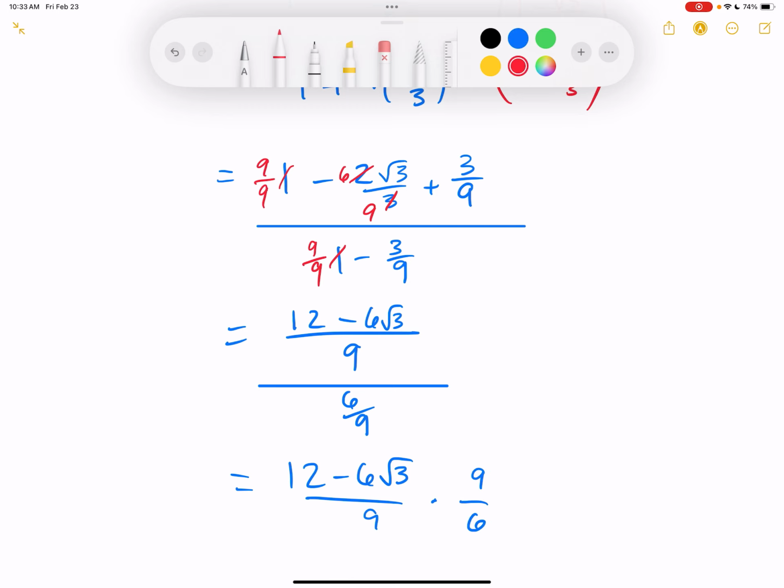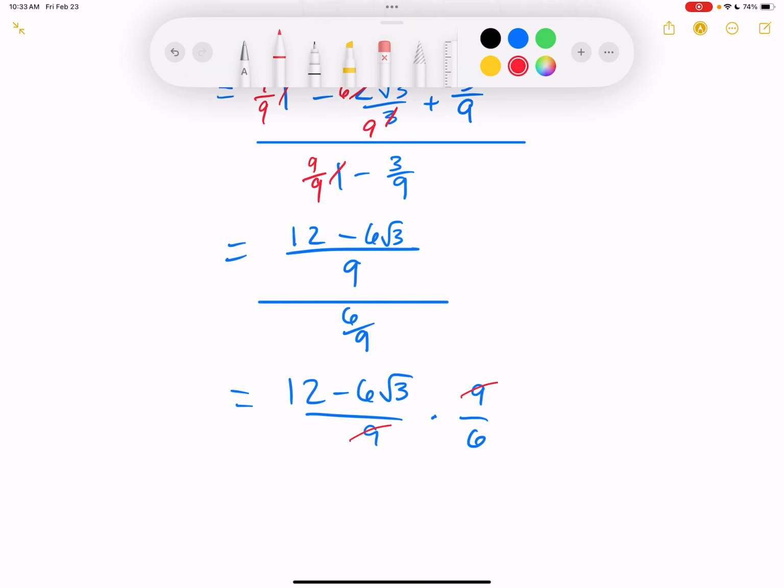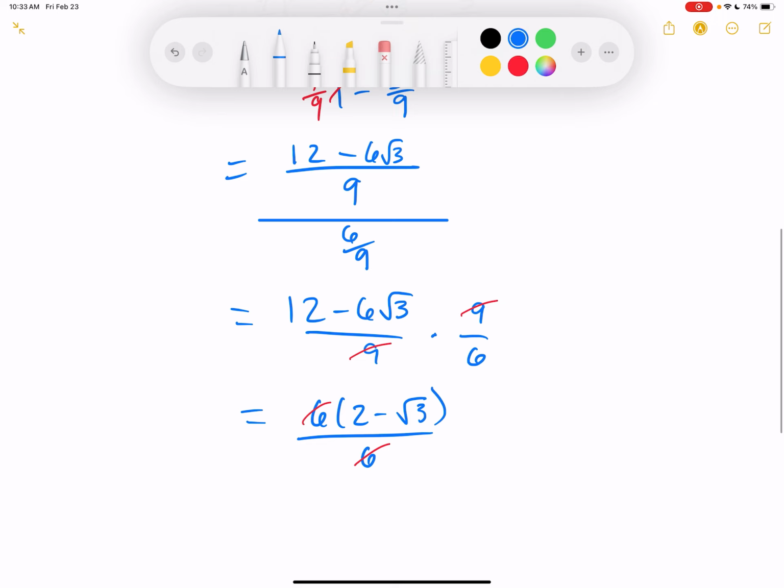The 9's cancel. Now what happens? I can take out a 6 from the top so that I can cancel stuff. So this would be 6 times 2 minus root 3 over 6. The 6's cancel. And finally, we are left with 2 minus root 3.